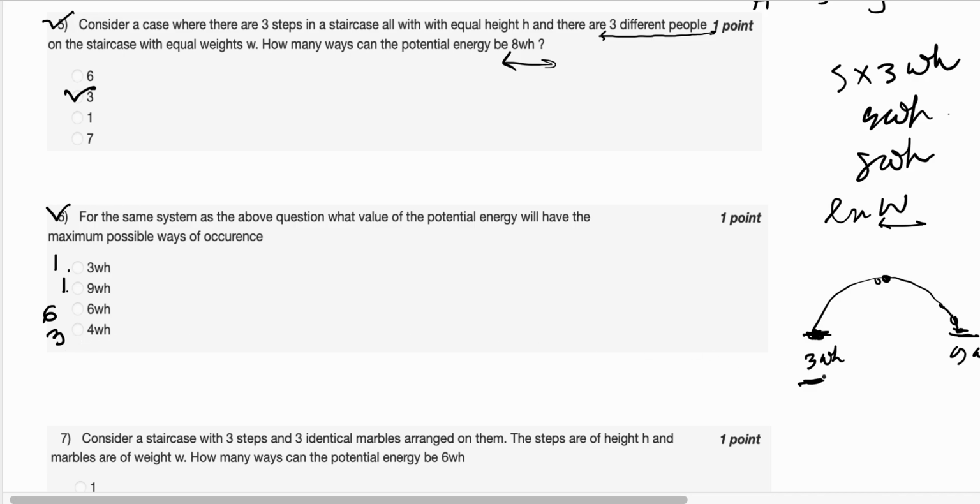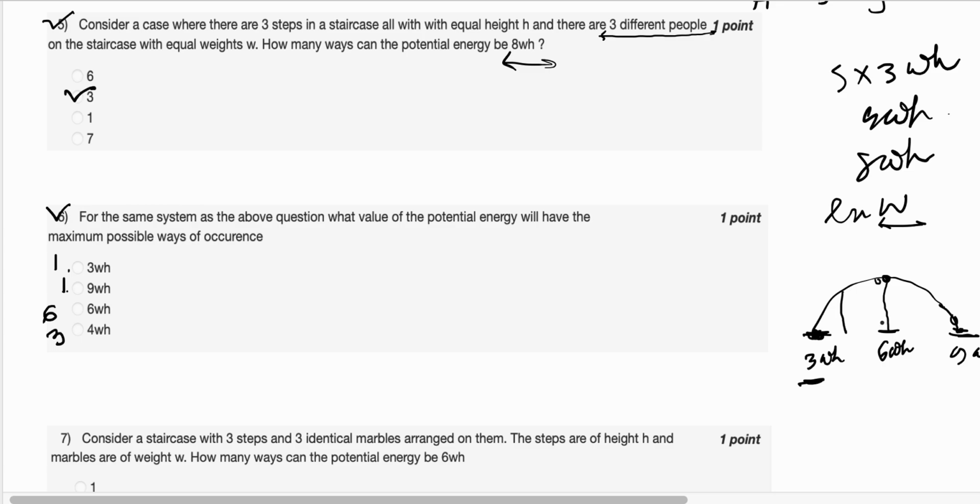So we can see that 6 omega h is in the middle and is actually the maximum. That means it's symmetric. So at 6 omega h the entropy will be maximum.